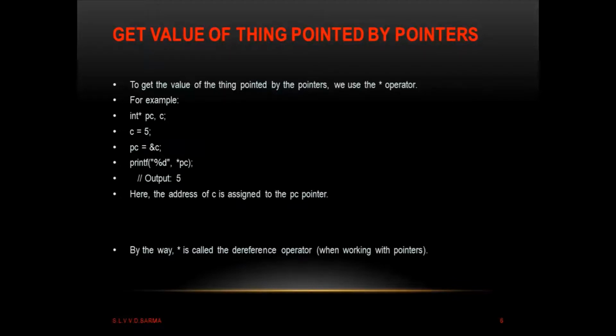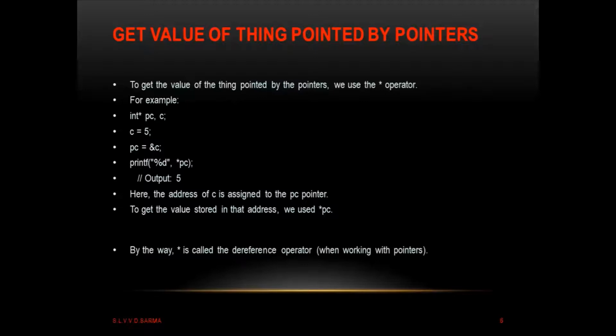Here the address of c is assigned to the pc pointer. What is pc? pc is the name of the pointer variable. To get the value stored in that address, we use asterisk pc. Asterisk is called the dereference operator. Asterisk pc is how we indirectly access the c value.